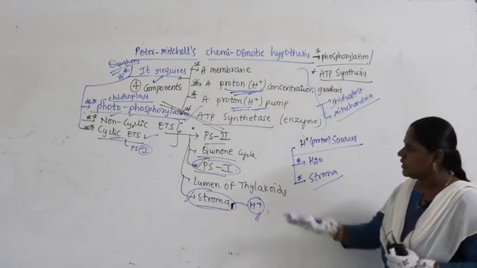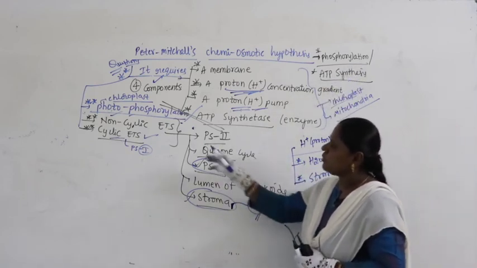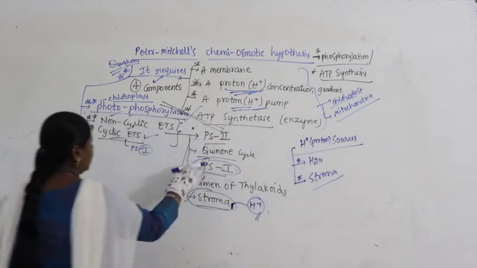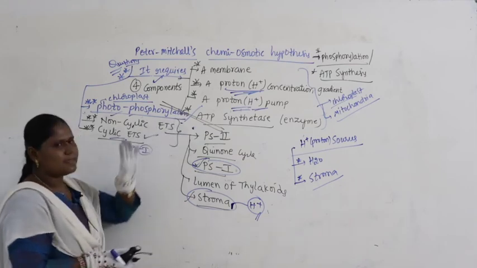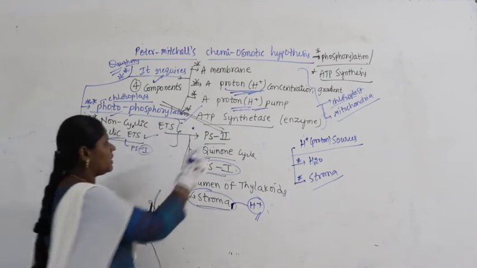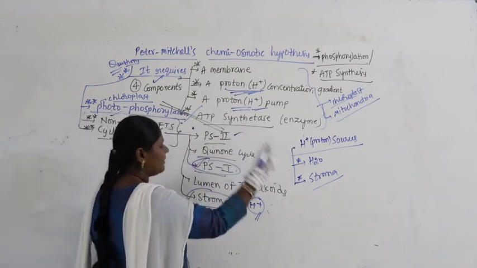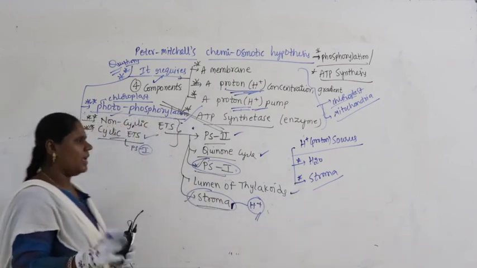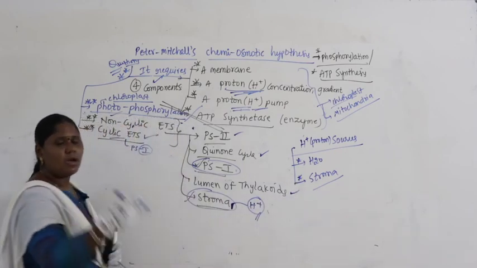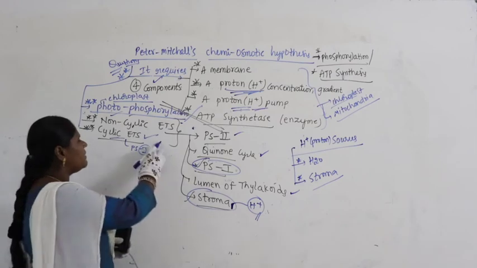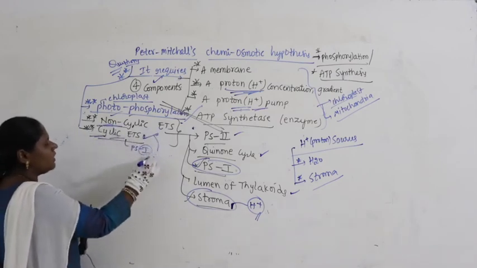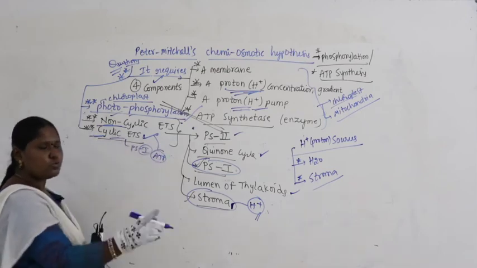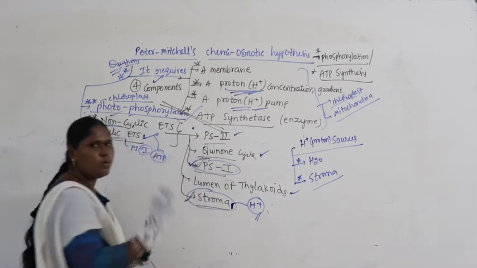So guys, generally when the question is given about the structures or components needed for photophosphorylation in the chloroplast, people will choose PS2, they will choose the Z scheme, they will choose these three, and they leave PS1 and stroma. Guys, make sure, because not only non-cyclic but cyclic is also involved in ATP synthesis, you need to choose even PS1 as well as stroma.